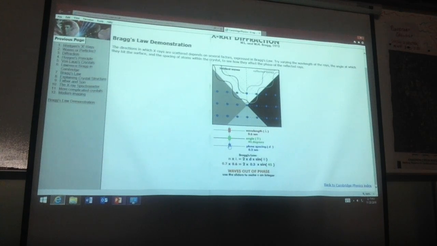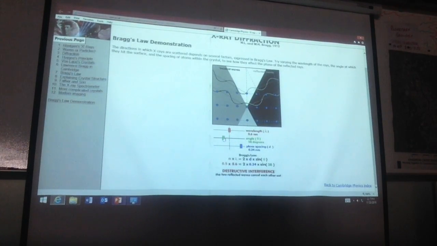So we can change this. If we want to increase our D spacing, or we want to adjust the angle, and we can change your wavelength.